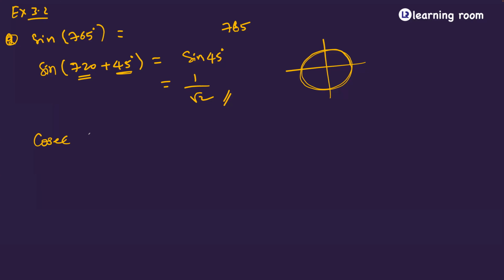Cosecant of minus 1410 degrees. So divide with 360. What is the answer you are getting? What is the remainder?